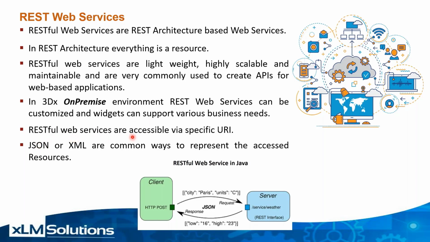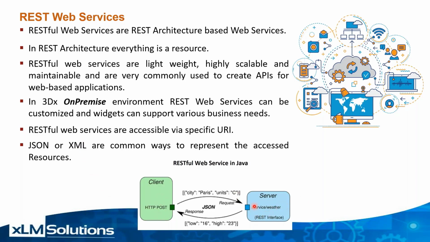RESTful web services are accessible only by a specific URI. We'll come to know what the specific URI is in later slides. JSON or XML are common ways to represent the accessed resources, but we will focus mainly on JSON, not on XML. If you see the structure, there is a client and there is a server.